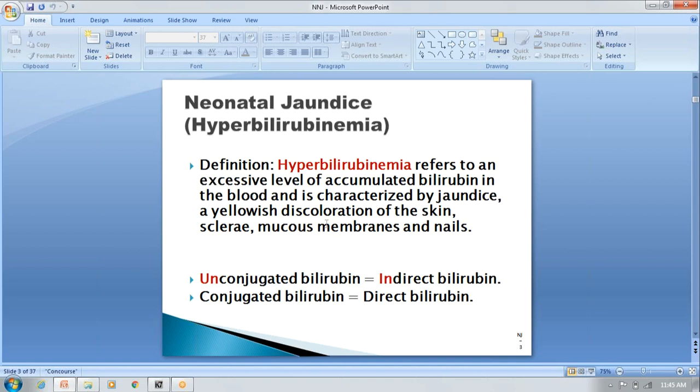Whereas in adults, when the bilirubin level is more than 2 milligrams, we can appreciate clinical jaundice in the eyes, in the sclera, when you examine the sclera in sunlight only, not artificial lights. So that is the difference between neonatal jaundice and adult jaundice.